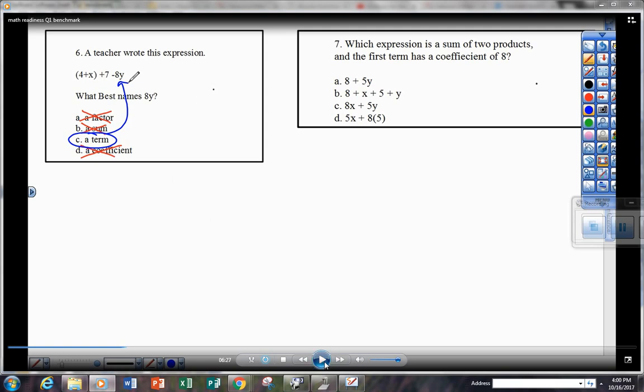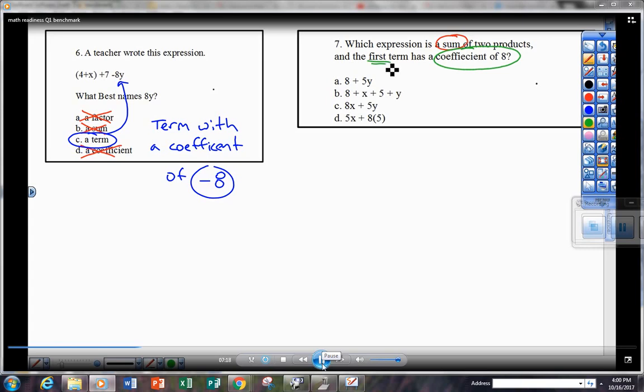Alright, problem 7. Problem 7 has you read the problem and match. So this is a sum of 2 products where the first term has a coefficient of 8. You know right away, if you look at any number with a coefficient of 8, there is only one choice that has a coefficient of 8 out of all those numbers right there.